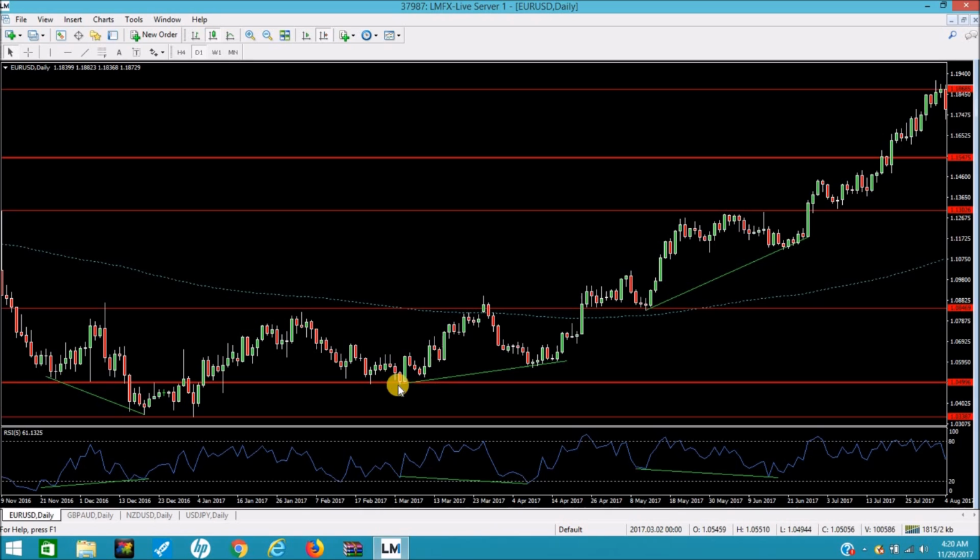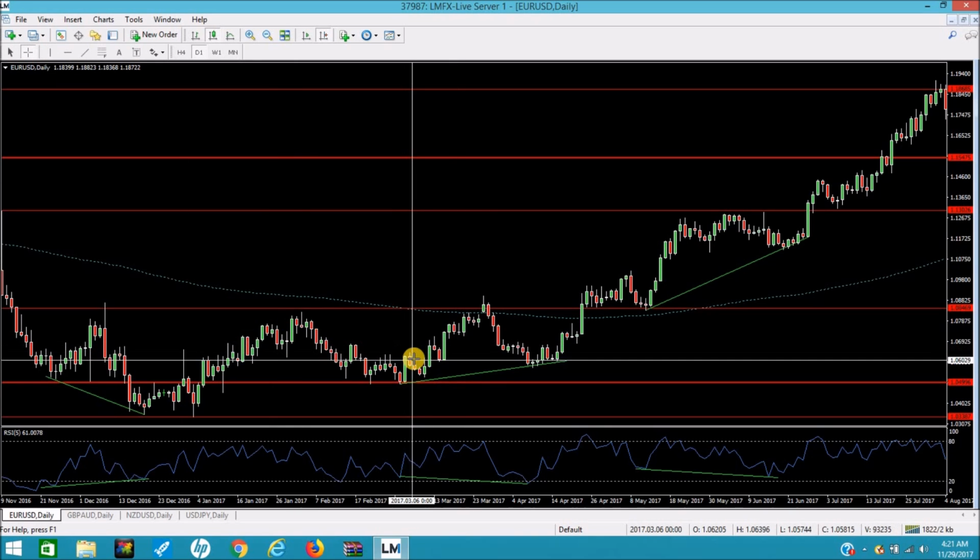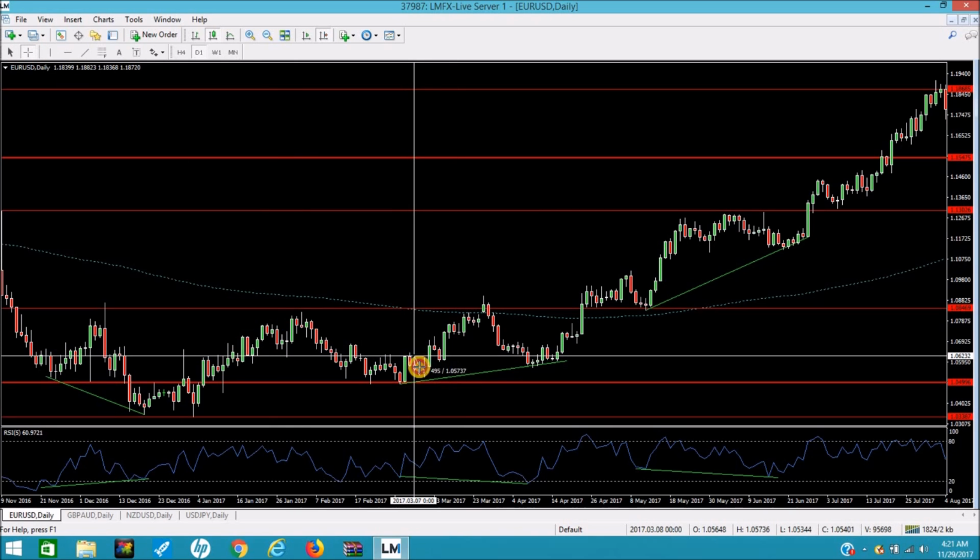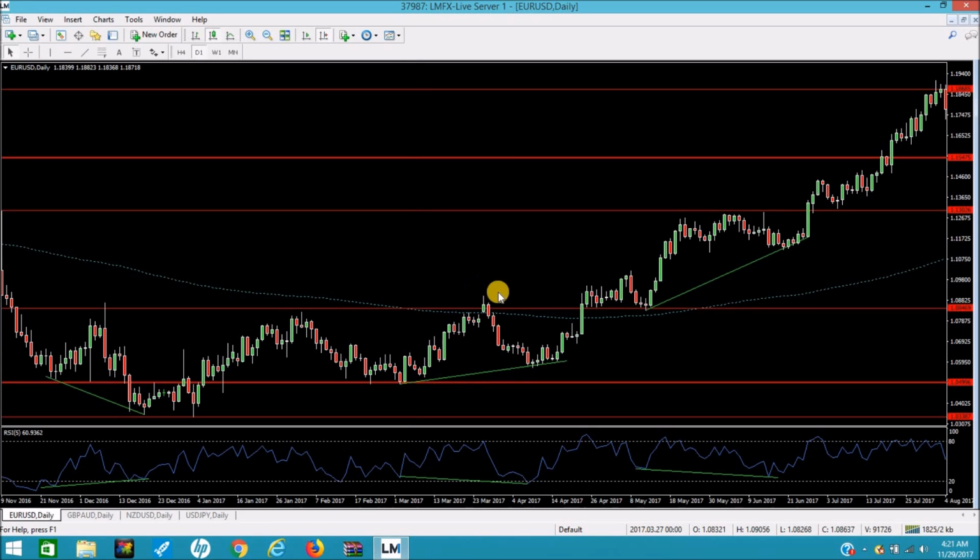Again, two possible entries. You could have entered after this hammer, this reversal candlestick, with a little bit of drawdown, and just let price do what it do. Or you could have entered after the bullish engulfing, where price pulled back about 100 pips before going back in your favor.